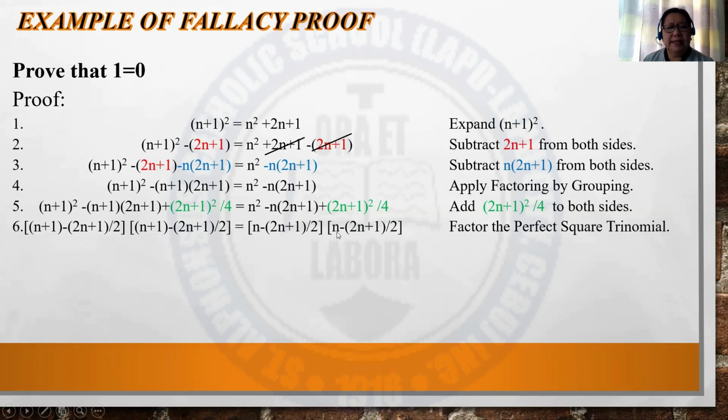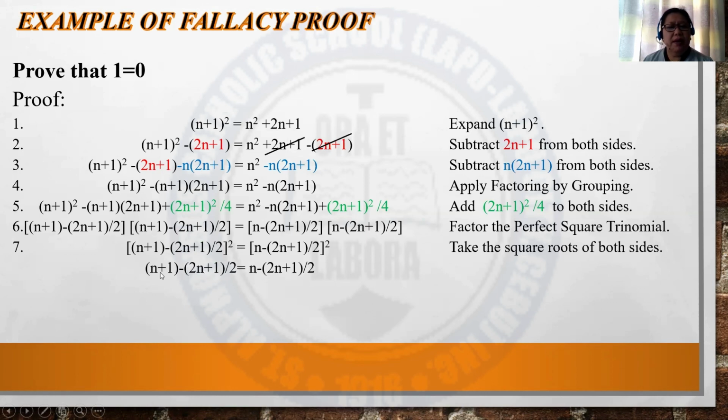Then take the square roots of both sides. So you extract the square root of this and also the square root of this. So the result now is you have n plus 1 minus the quantity 2n plus 1 over 2 is equal to n minus the quantity 2n plus 1 over 2.